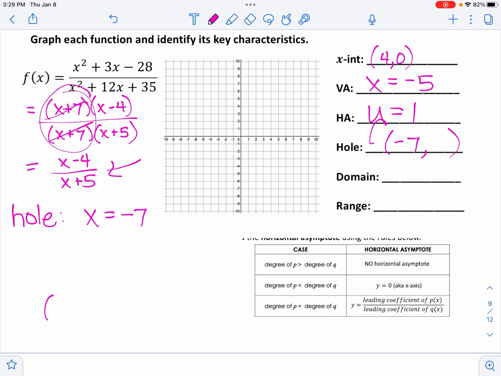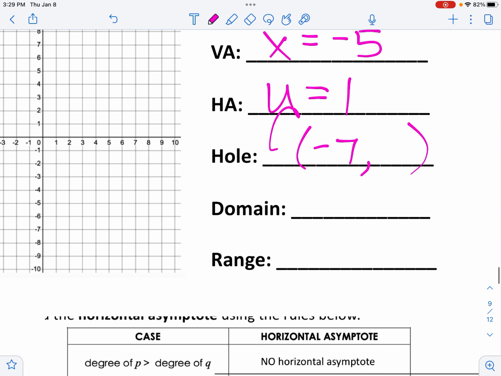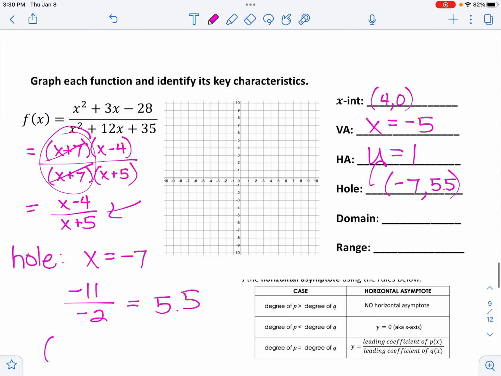Well, I would have -7 minus 4, and then I would have -7 plus 5. So now if I do that, that's 5.5. Okay, so over here, I have a hole at -7, comma 5.5.